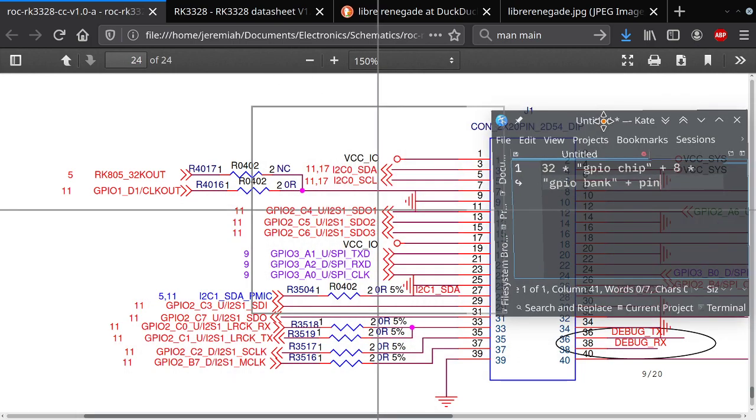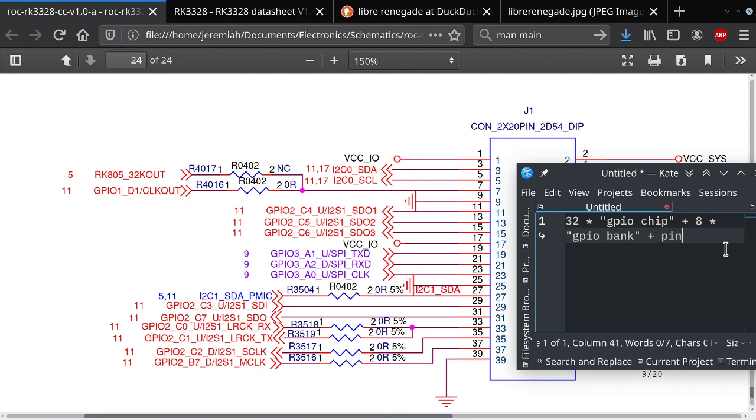So if you have GPIO 2C4, so in this case GPIO 2, so GPIO 2 underscore C4, that would equal 32 times 2, so 64, plus 8 times 2, so 16, plus 4, which is 84 if I'm not mistaken.